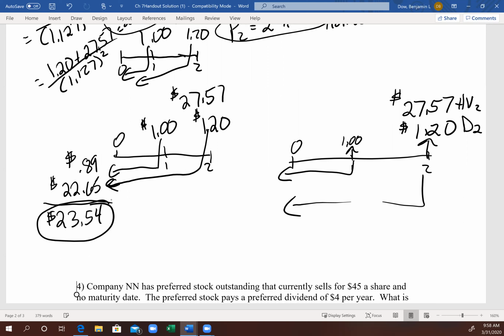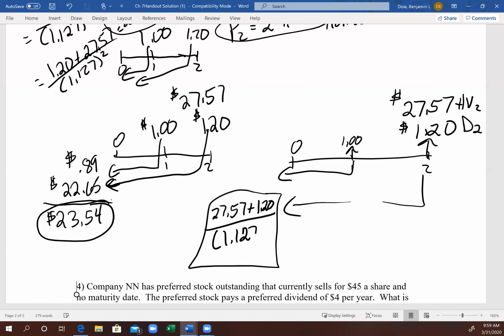All right, so if we look right here, how we found that was I just took 27.57 plus $1.20. Those are the two cash flows. And divided it by 1 plus I squared. That's what gave me the 22.65.